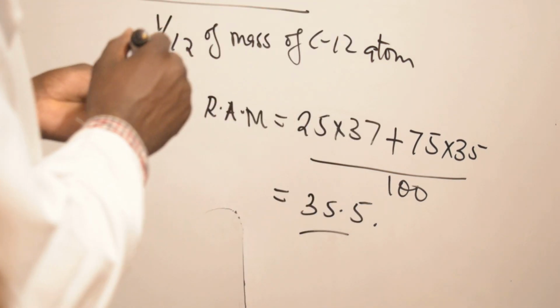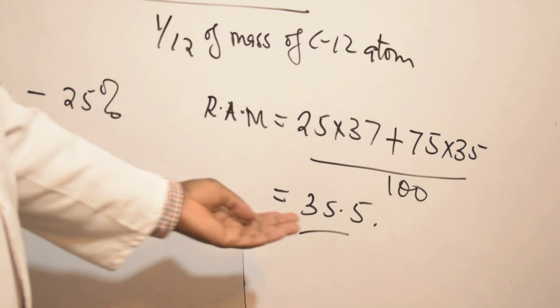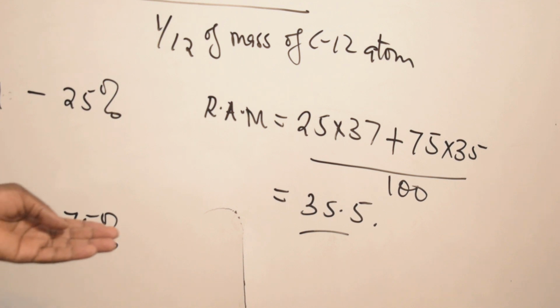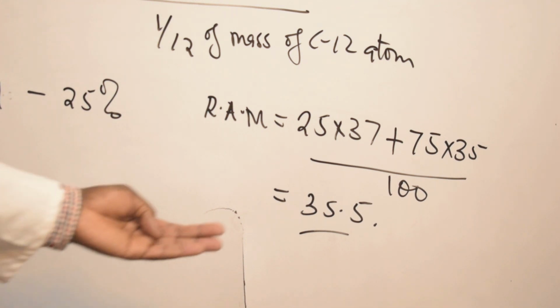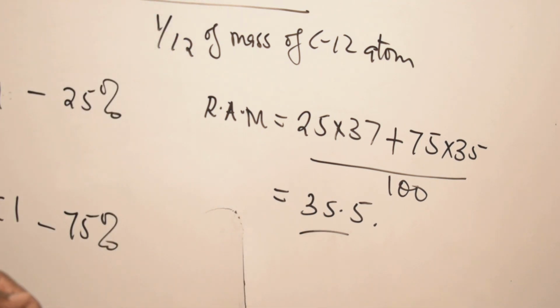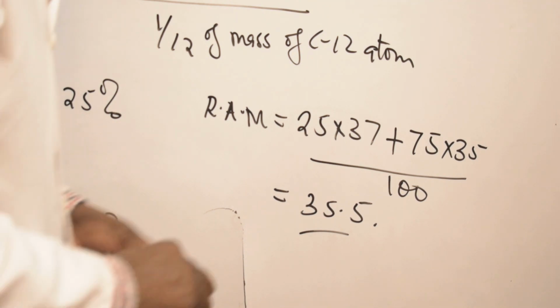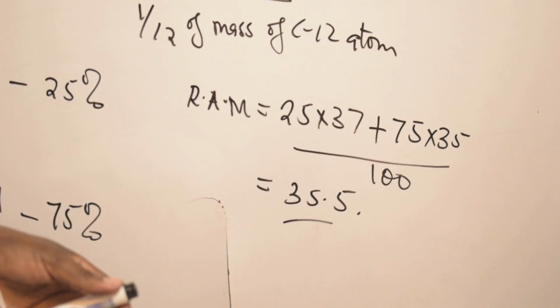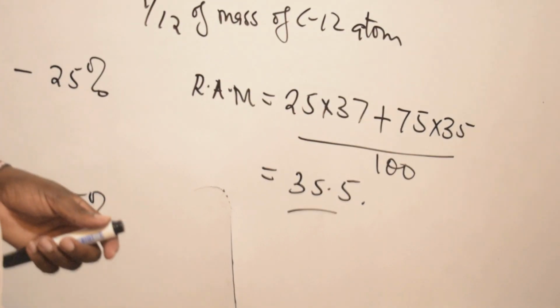Now this one is actually the relative atomic mass of my chlorine. So basically that is what we are talking about as far as the relative atomic masses are concerned.